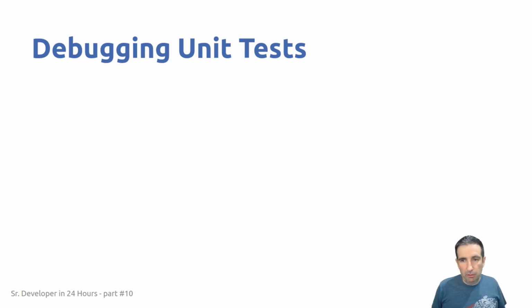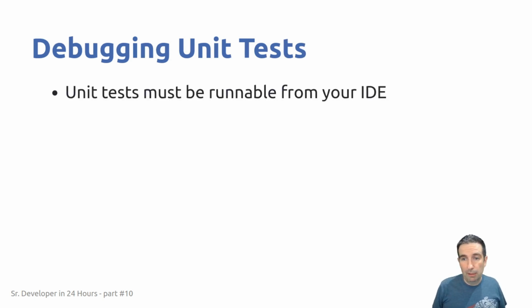In the same way, debugging your unit test should be simple. Unit tests, at the end of the day, they're just code. Pretty much in all of the cases, they are tests that are written in the same language as your actual code. So unit tests should be runnable from your IDE, just like if you were running any other piece of code.